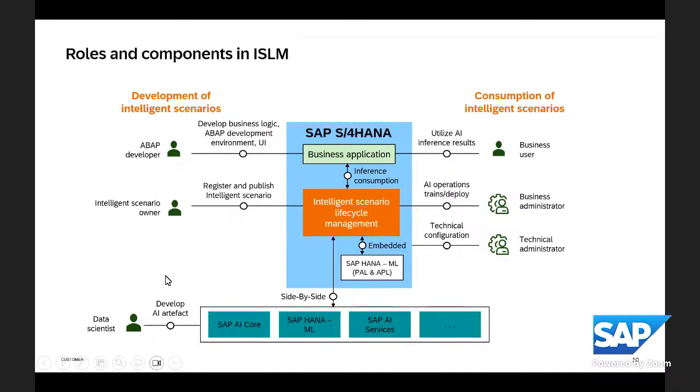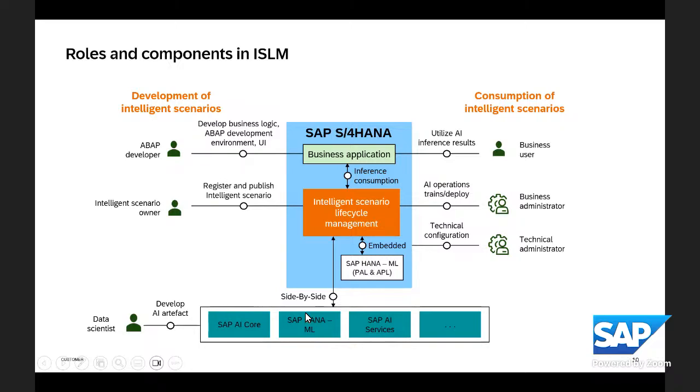This is where a web developer or an intelligent scenario owner persona would be creating an entity which is called intelligent scenario, which is the binding entity between the business world and the ML runtimes and the AI services and so on. Now, ISLM plays a critical role during this transition from development to the operational use.